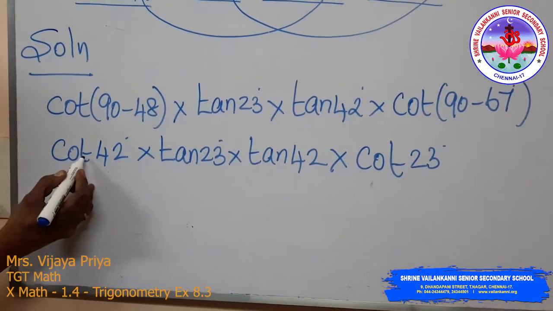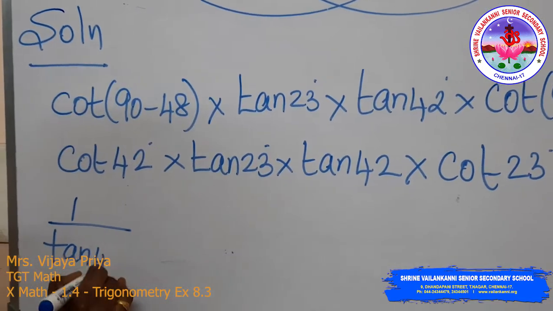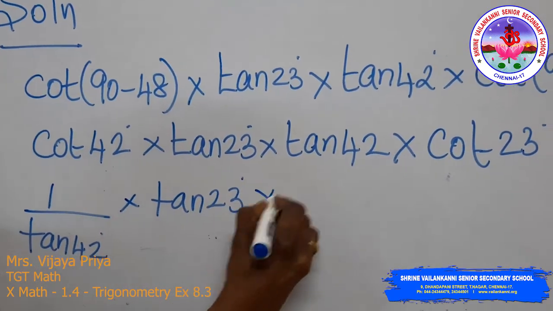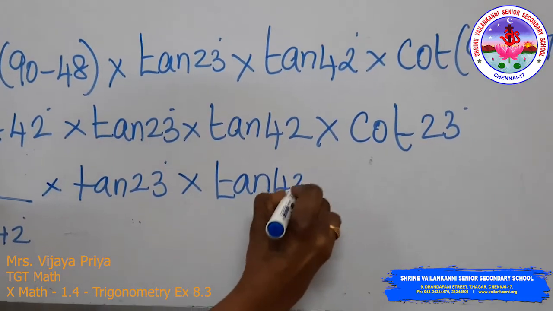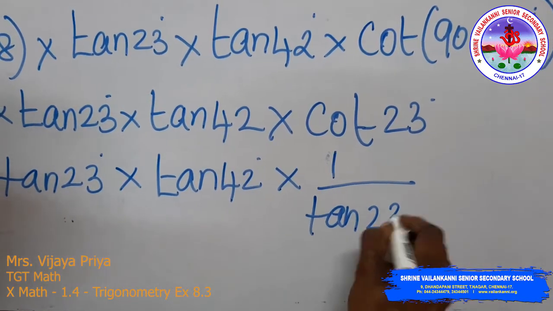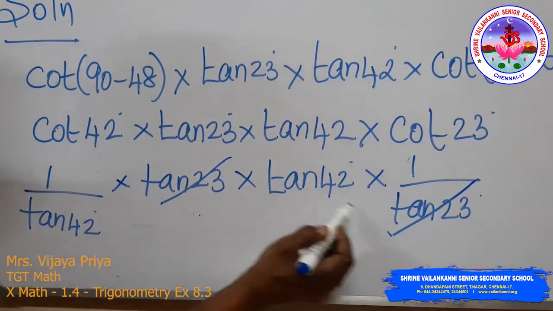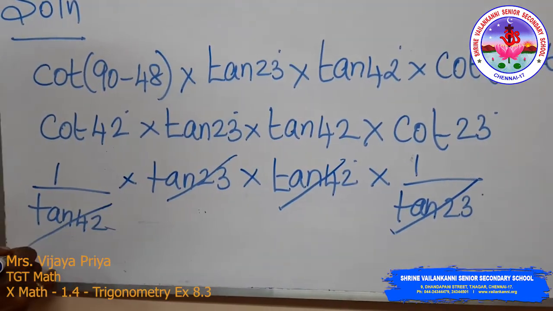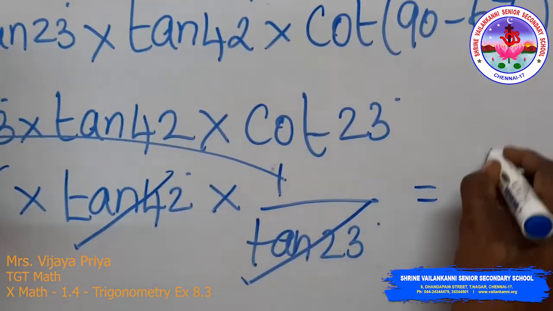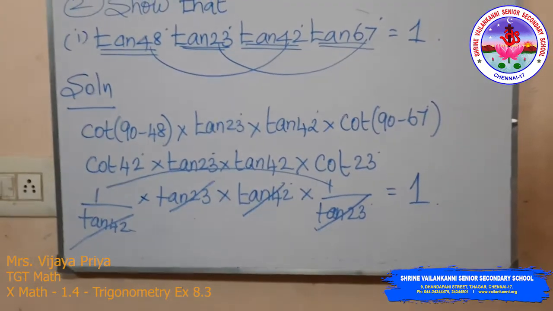Since cot is a reciprocal of tan, I am writing cot 42 as 1 by tan 42 into tan 23 into tan 42 into cot 23, reciprocal of tan 23. Now tan 23 gets cancelled with tan 23, tan 42 gets cancelled with tan 42. So you will get the answer as 1. Hence verified.